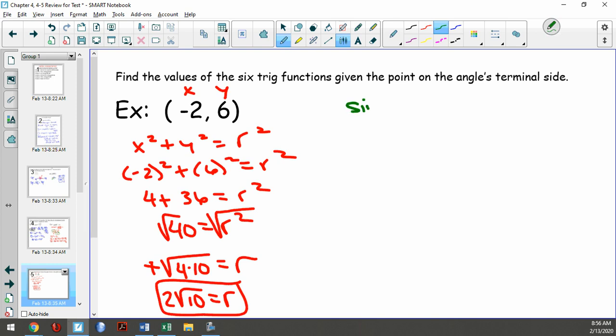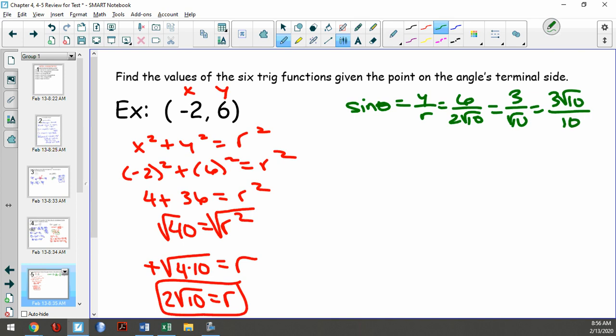Well, sine of theta is going to be y over r, so that's 6 over 2 square roots of 10. So that's 3 over the square root of 10, which is 3 square roots of 10 over 10. Yes? If I know sine, then I know cosecant.